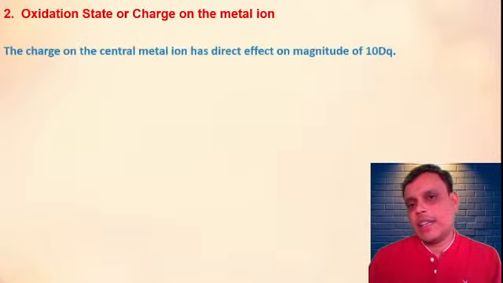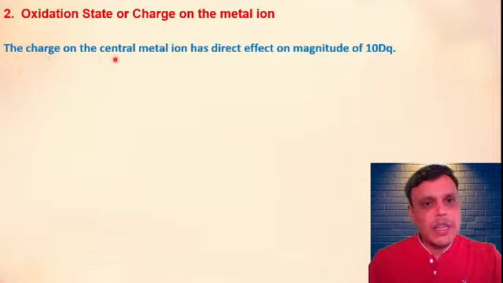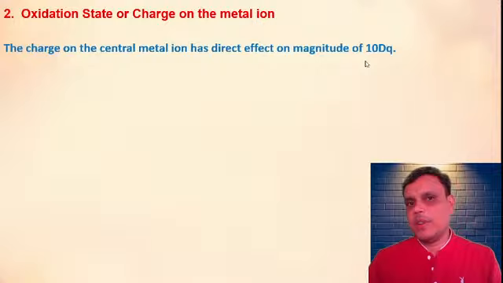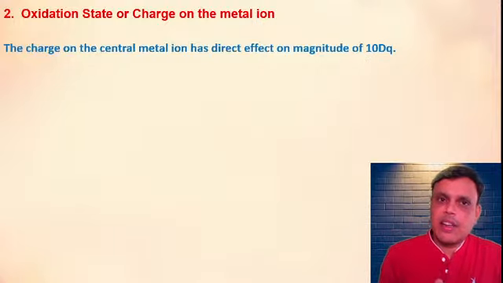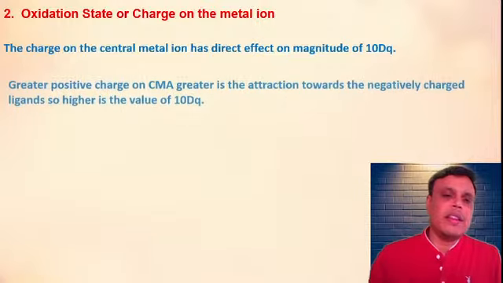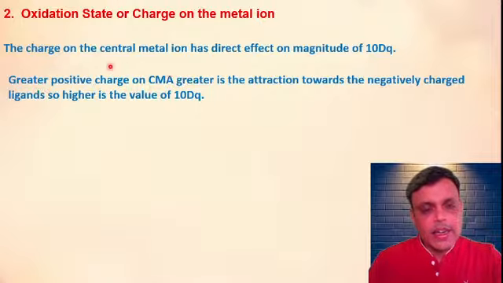Oxidation state or charge on the metal ion. The charge on the central metal ion or oxidation state of the central metal ion has a direct effect on the magnitude of 10 Dq. Let us see how. Listen to the sentence carefully.